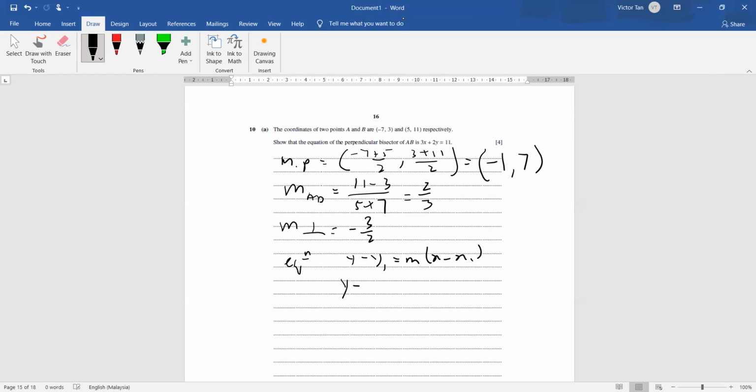So y minus the midpoint 7, gradient is minus 3 over 2, x minus minus 1 is plus 1. So this is y equals minus 3 over 2 x minus 3 over 2 plus 7, so plus 11 over 2. Okay, you have it.